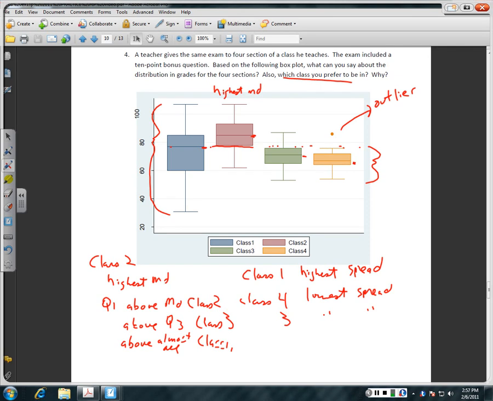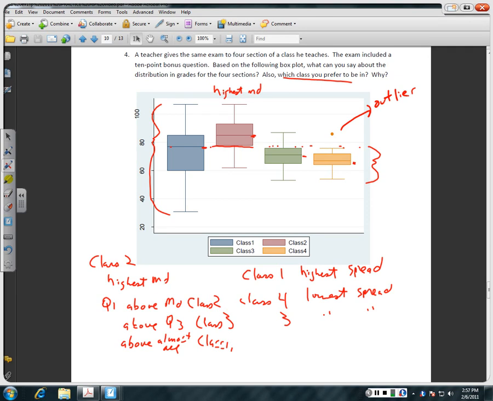So from this box plot, you can certainly look at the center of the data. You can look at the spread of the data, comparatively speaking, and then also you can look for the presence of outliers or extreme values in the various classes. You might note that even that extreme value or that outlier in class 4 would only have been the median in class 2.